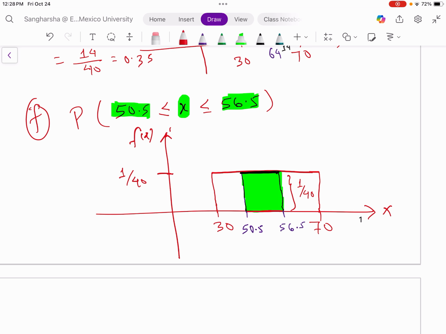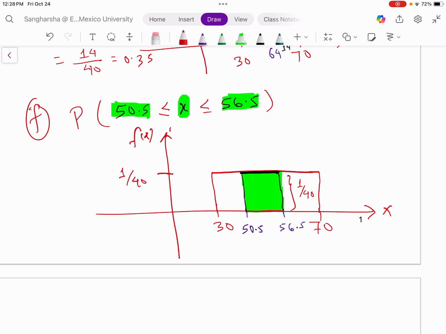This probability is equal to the area of this green rectangle, which is 6 times 1/40, or 6 divided by 40, and that is 0.15. So this is the probability that our x takes a value between 50.5 and 56.5. Now let's get to the next one.